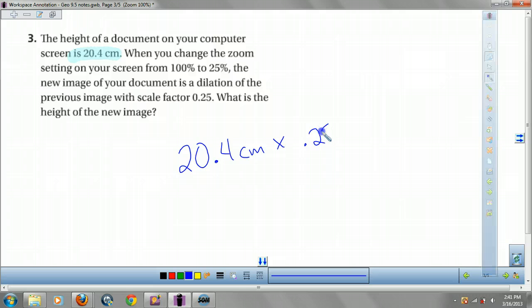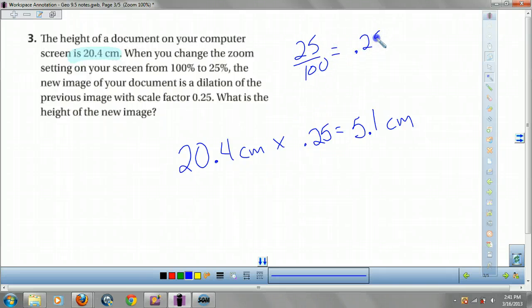That's all there is to it. When you do that, you get what, 5.1? That's all there is to it, guys. This stuff's nice. Do you know how they got this scale factor? 25% over 100. 0.25.